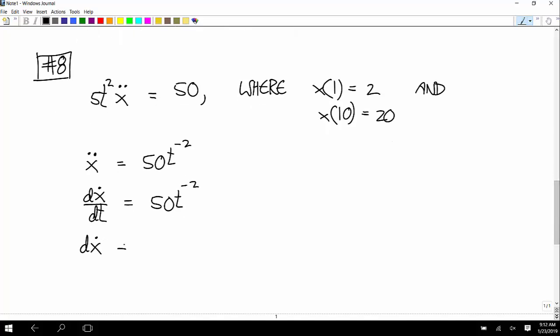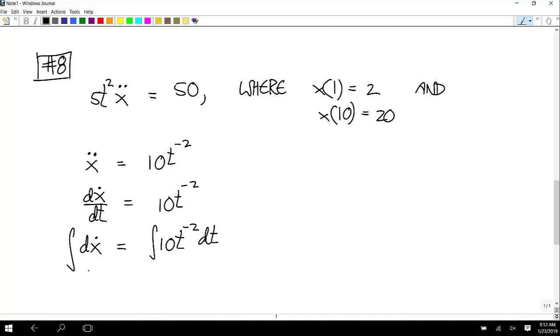So you get dx dot is equal to 50 t to the minus second dt. Yep. Thank you. So I divided both sides by the 5 also. So this 50 should be a 10 now. And now I can integrate both sides.